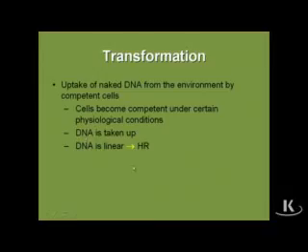The only way that they can be expressed is through the process of homologous recombination. So we've taken up a linear piece of DNA. We had some cells maybe right around us that died. We got chopped up pieces of DNA available now, and we want a new piece of DNA.